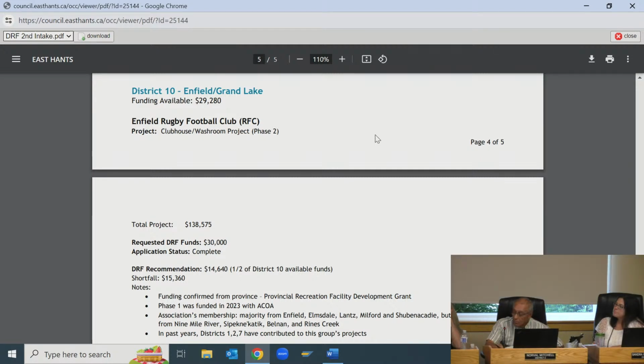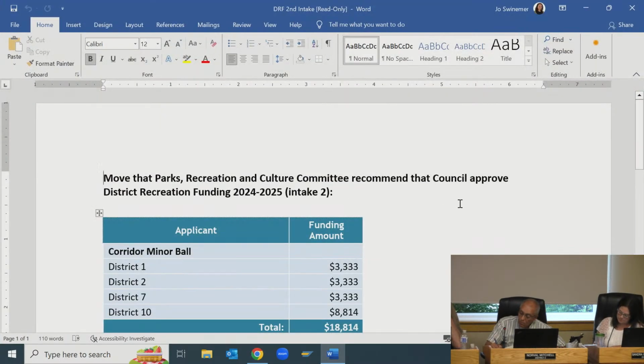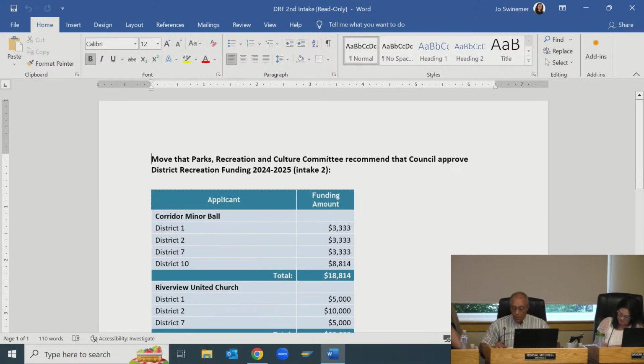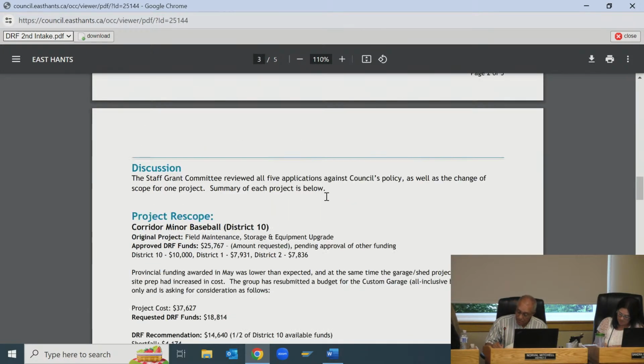So is everybody clear on this? Whose district does this fall under? Tom's? Okay, so you're good with everything? Thank you. Okay. Staff good? Yep. So that brings us to the end. Do you have a recommended motion? And forgive me, I don't think there was anything other than those additions. Correct, thank you.